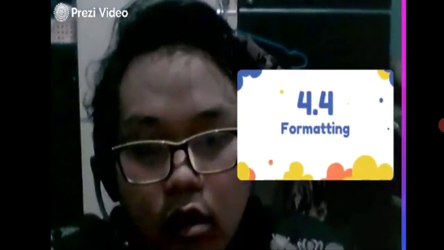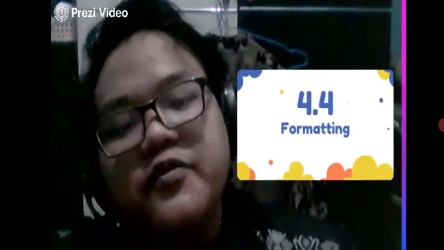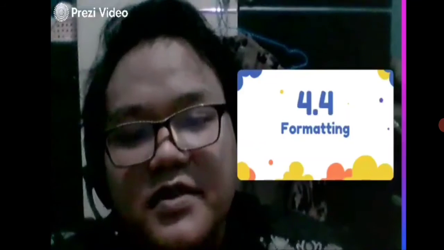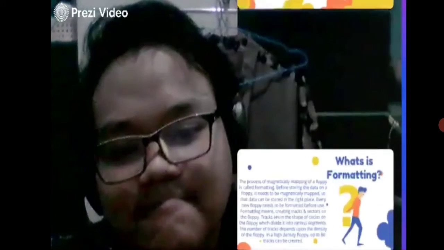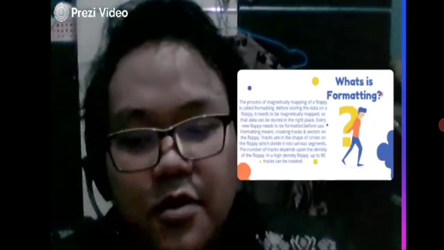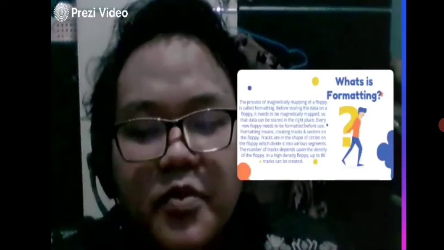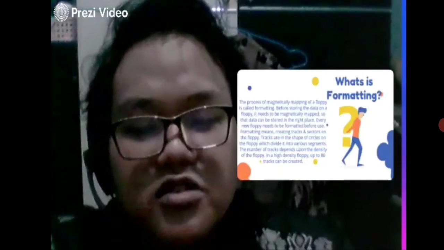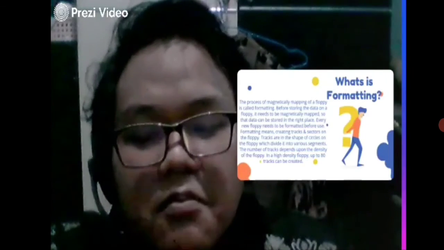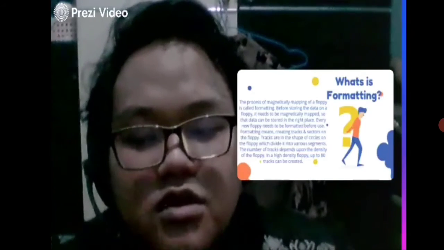Okay, number 4, or part 4 and the last from the storage device, we want to talk about formatting. What is formatting? The process of magnetically mapping a floppy is called formatting. Before storing data on a floppy, it needs to be magnetically mapped so that data can be stored in the right place.